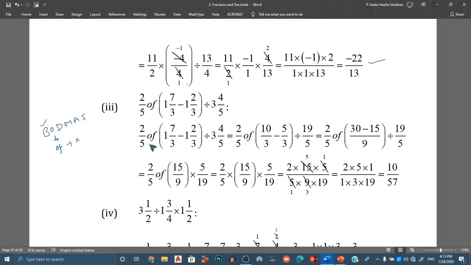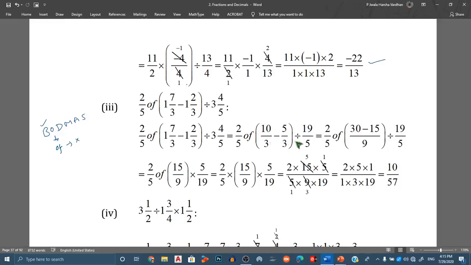So 2 by 5 of 1 7 by 3: 3 1s are 3 plus 7, 10 by 3, minus 3 1s are 3 plus 2, 5 by 3, divided by 5 3s are 15 plus 4, 19 by 5. Okay, this is the second step. Now write 2 by 5 of, first you have to do whichever is in the bracket.